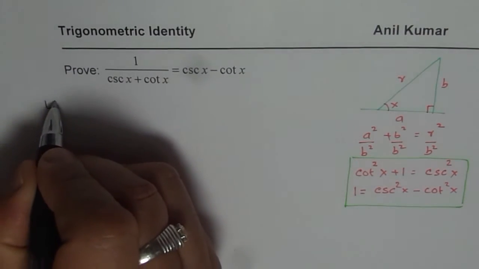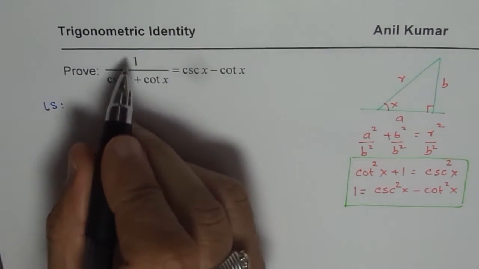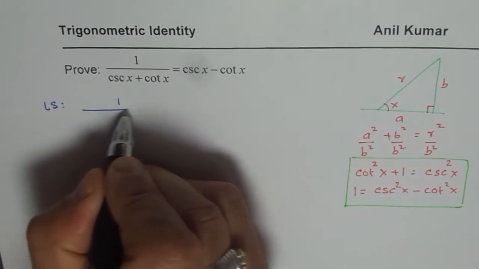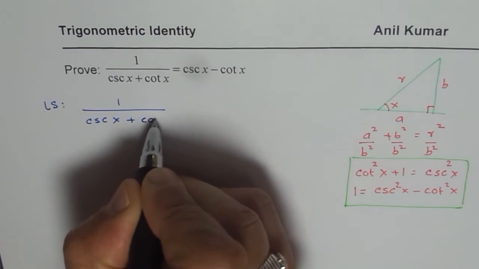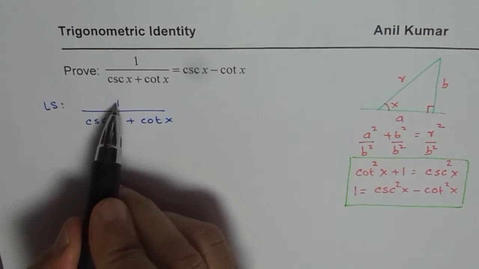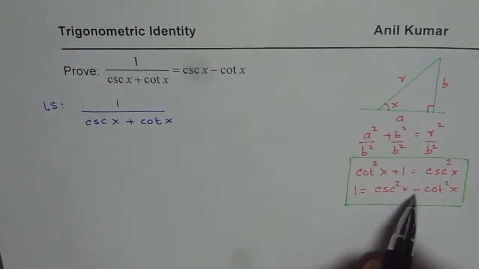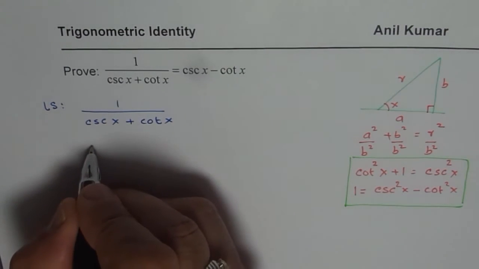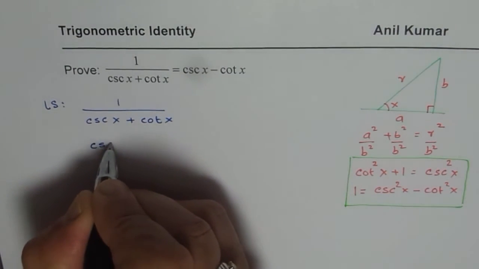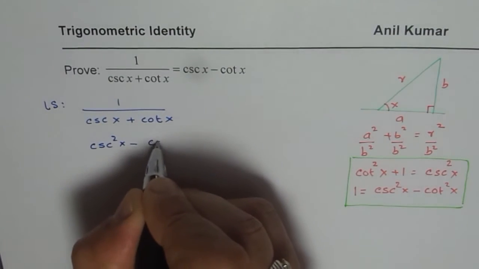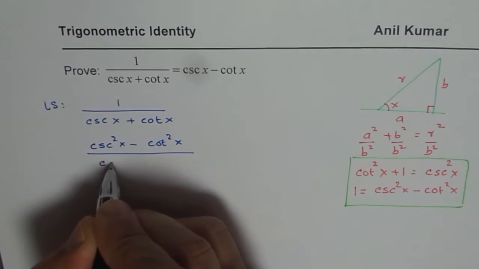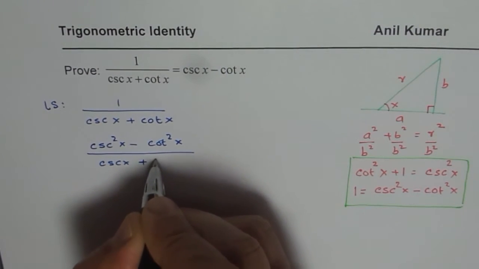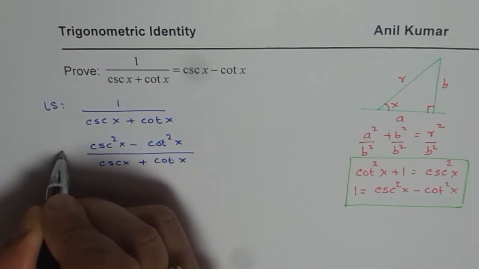So let's begin from the left side, which is 1 over, let me rewrite first, 1 over cosecant x plus cotangent x. I'll replace this 1 by cosecant square x minus cotangent square x. So we can write this as cosecant square x minus cotangent square x divided by cosecant x plus cotangent x, correct?